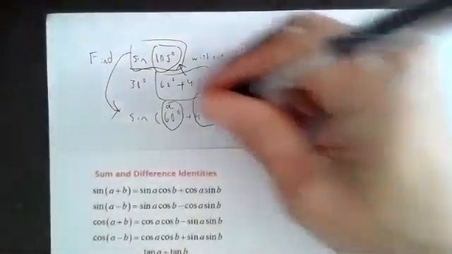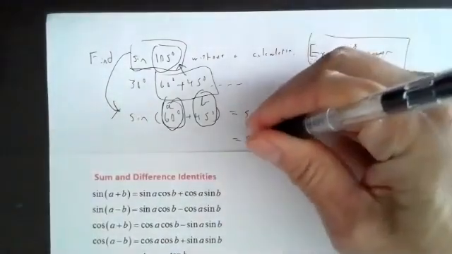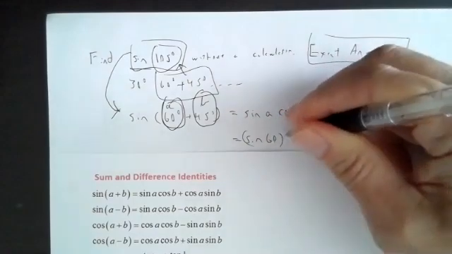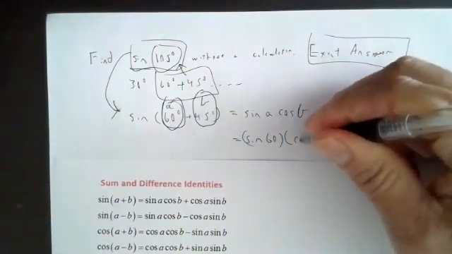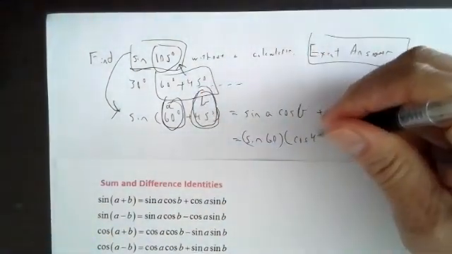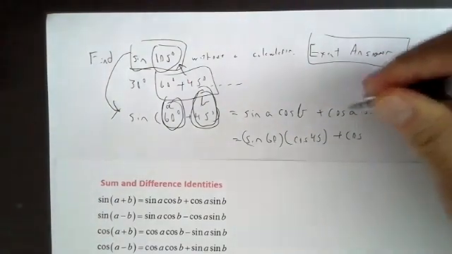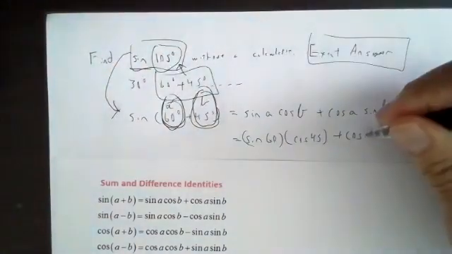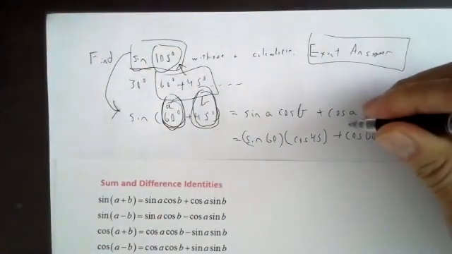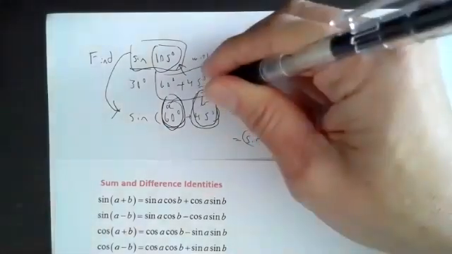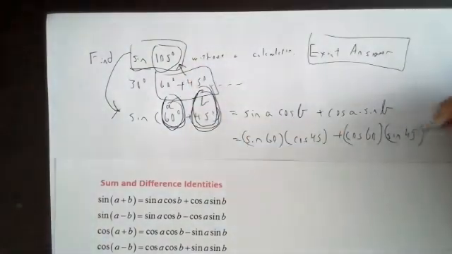And now, if A is 60, it's the sine of 60 degrees times, these are all being multiplied, the cosine of the B angle, which is 45 degrees, plus the cosine of the A angle, which is 60 degrees, times the sine of the B angle, which is 45 degrees.